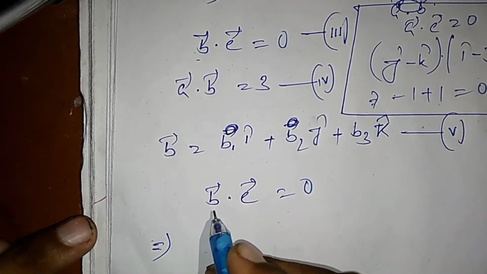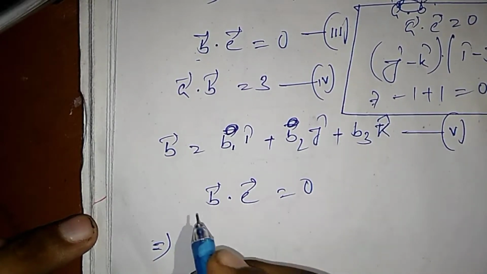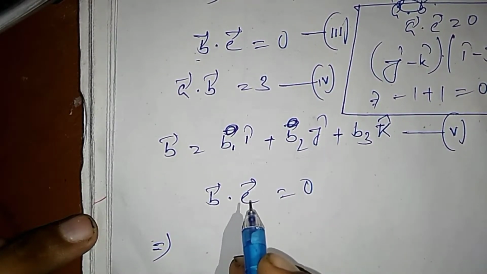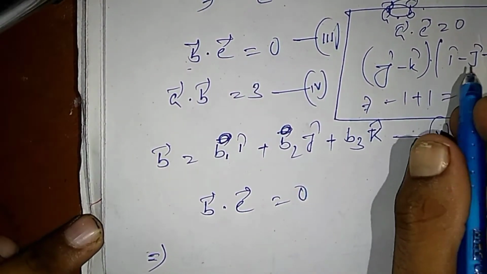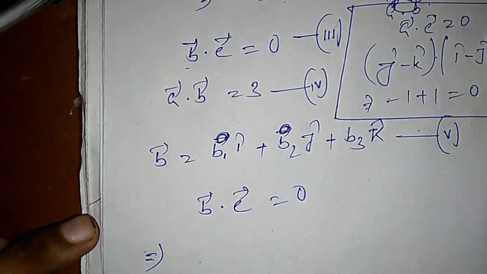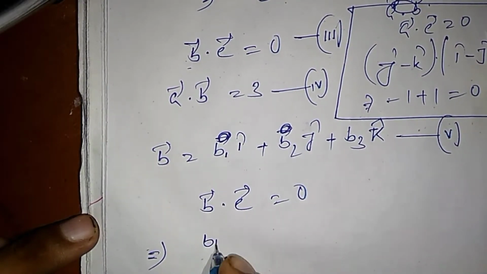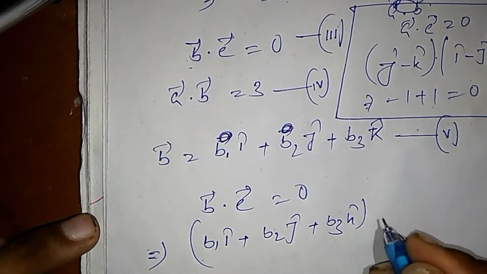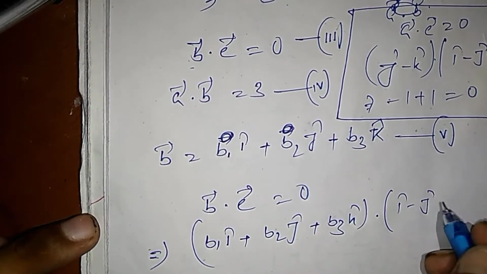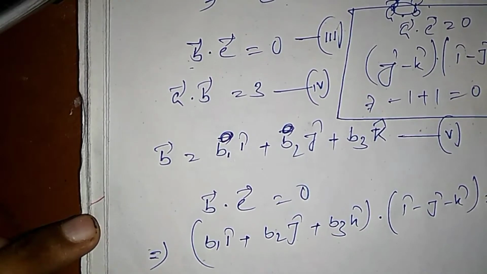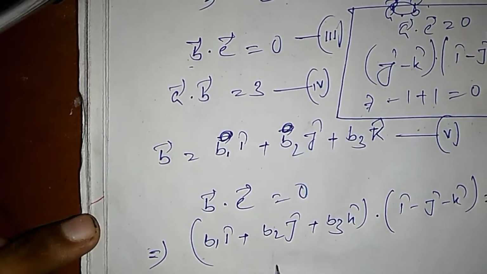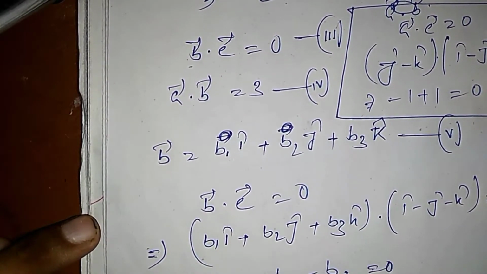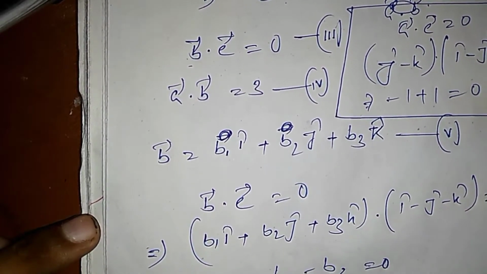I will put in the values of vector B and vector C: b1 i cap plus b2 j cap plus b3 k cap dot i cap minus j cap minus k cap equals 0, which implies that b1 minus b2 minus b3 equals 0, so b1 equals b2 plus b3.